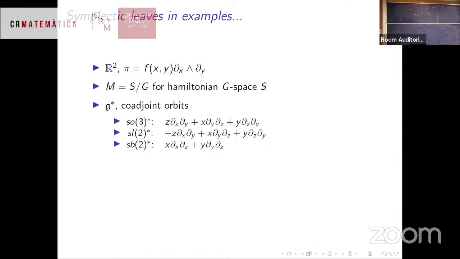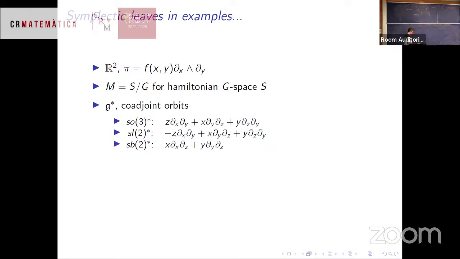Oh, it's wrong, x, z is y. Anyway, there are typos there. Sorry about that, I did warn you.